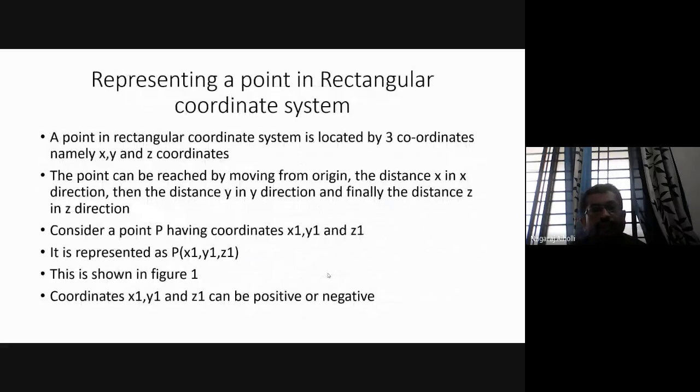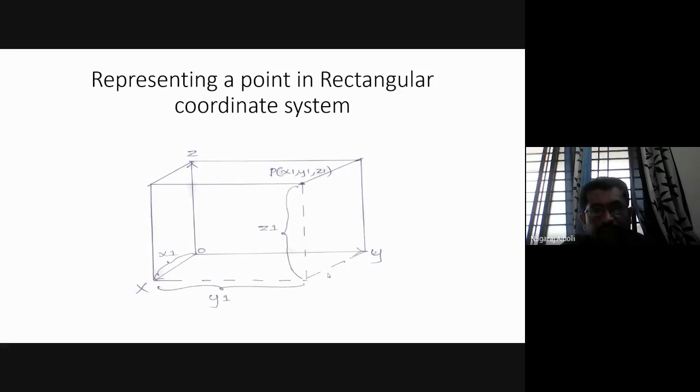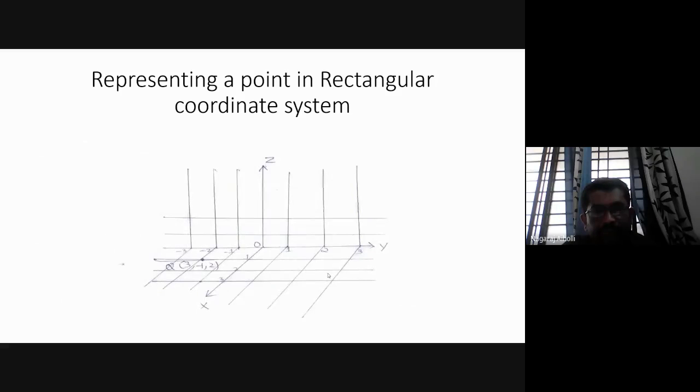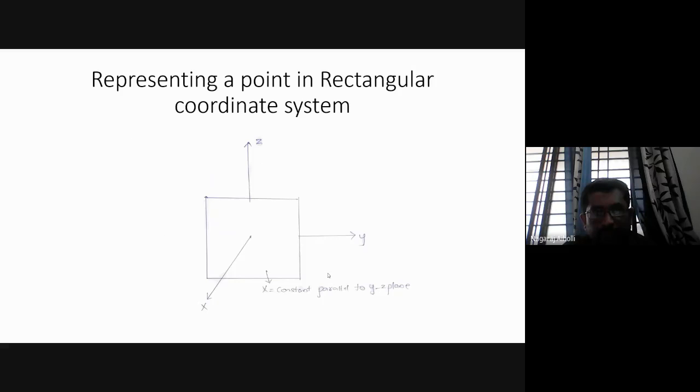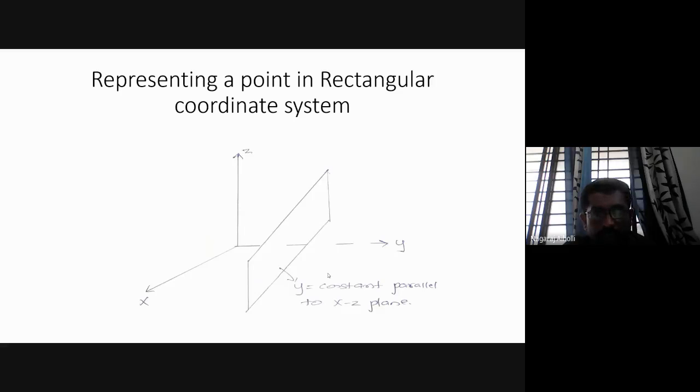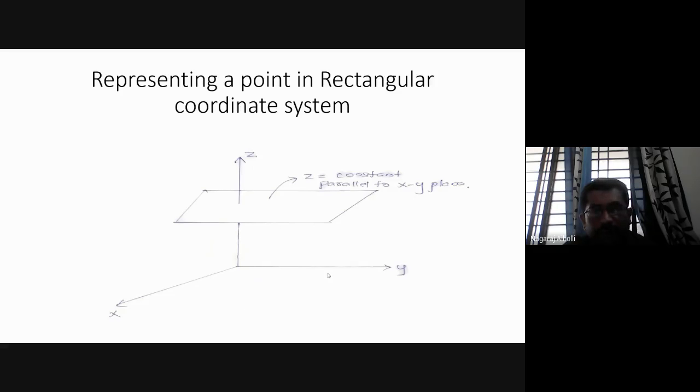then how to represent a point in the rectangular coordinate system. We took this shape and analyzed how to find the point. Later we also understood how to trace the point Q of (3, minus 1, 2). We traced that point using different planes: x equal to constant plane, y equal to constant plane, and z equal to constant plane.